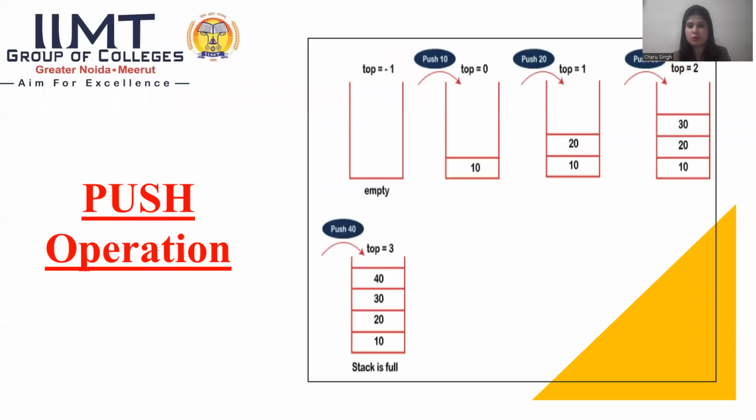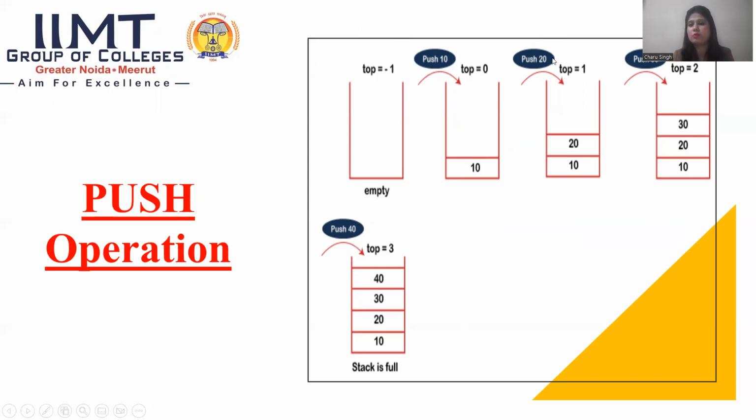Next we have the push operation. As you all see, here is an example picture. Right now my stack is empty, that means my top is at -1, and there is no element in the stack. Next, if I push an element, my top will be incremented by 1, so here my top is 0.